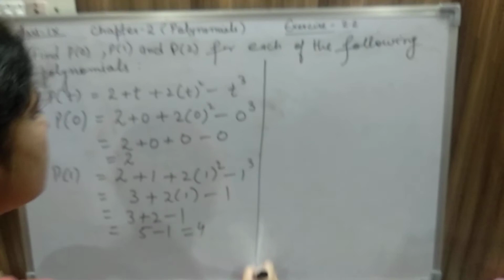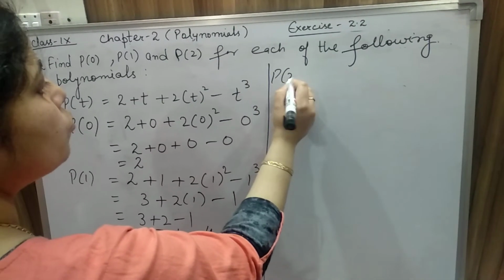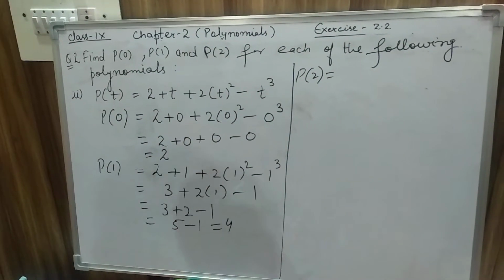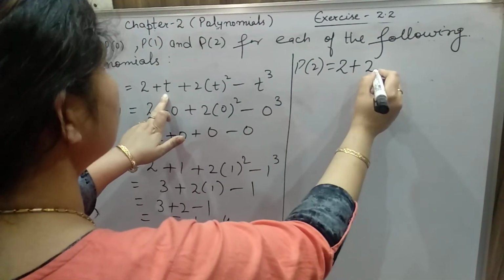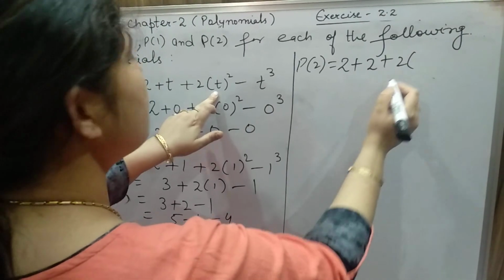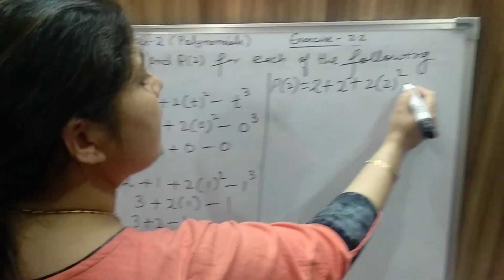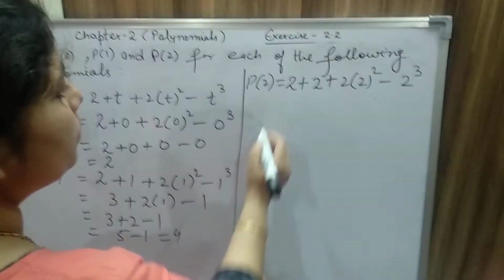Now next we have to find p(2). It means we have to put the value of t = 2. 2 plus t, that is 2, plus 2 into t square, that is 2 square, minus t cube, that is 2 cube.